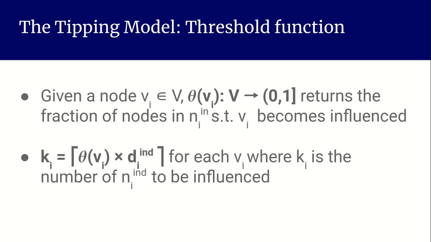By exploiting theta, we can calculate the necessary number of neighboring nodes that need to infect v sub i. We label this number k sub i. So k sub i is the actual number that the incoming neighbors of a certain node v sub i have to be in order to get v sub i infected. Okay.